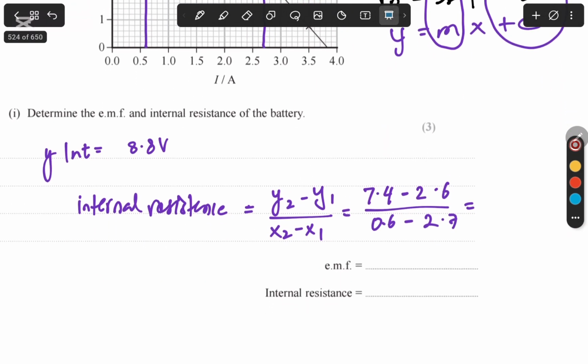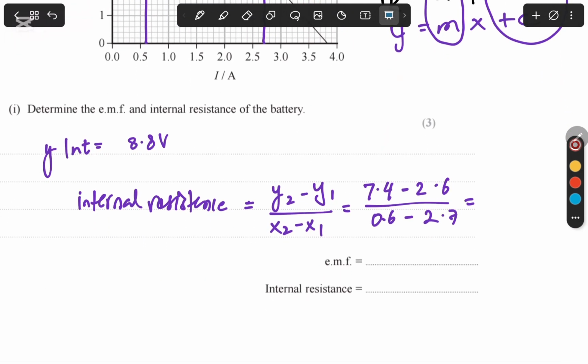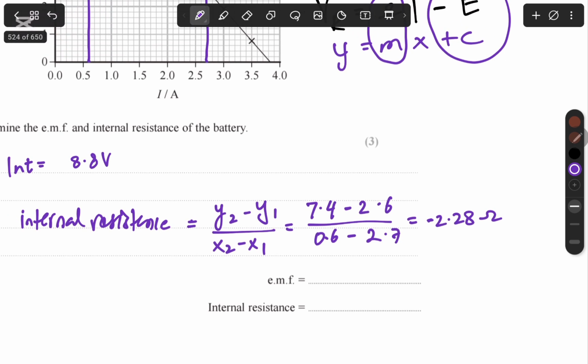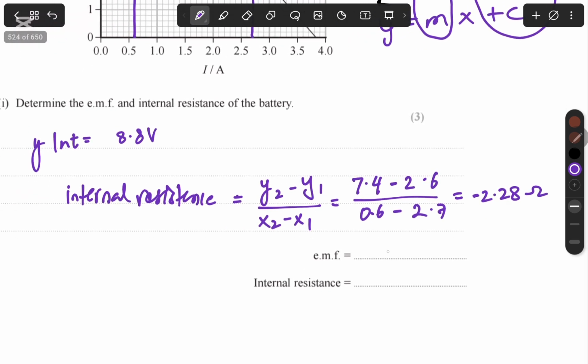Now we can use the formula y2 minus y1 over x2 minus x1. Plug the points in the formula and let's get the value of the gradient. So we're going to get the answer as minus 2.28 ohms. So that's going to be the gradient. And now we're going to write the answers down. So 8.8 volts, and we can write this as 2.3 ohms.